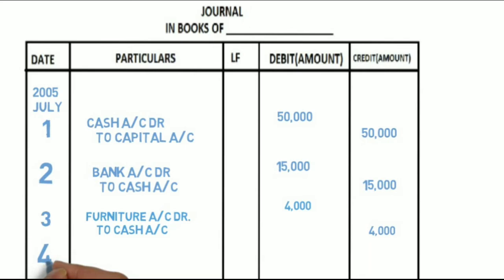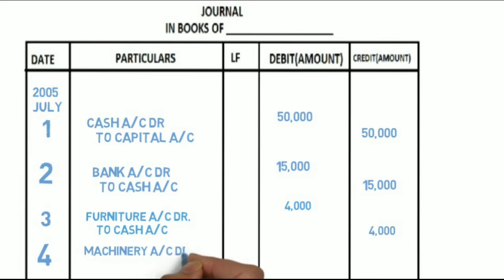4th July. On 4th July, we have bought a machinery from Kirloskar Co. Okay, so in this transaction, nowhere it is mentioned that we have bought machinery from cash. So by default, when it is not mentioned, we assume it to be a credit transaction. Credit means loan.